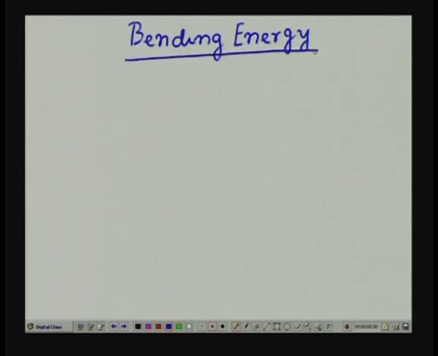The other form of boundary based descriptor is what is called bending energy. So, what is this concept of bending energy? Suppose we have a steel rod and we want to bend that steel rod to a given shape.